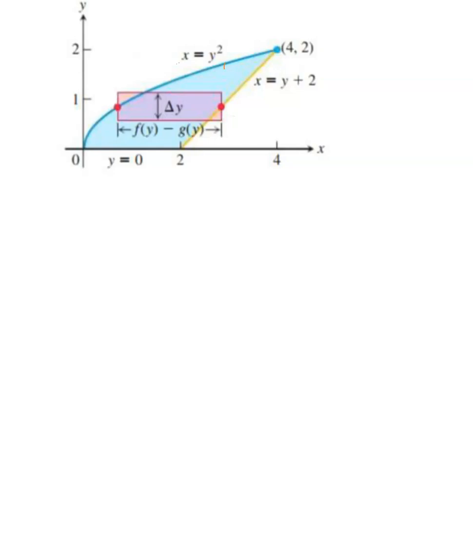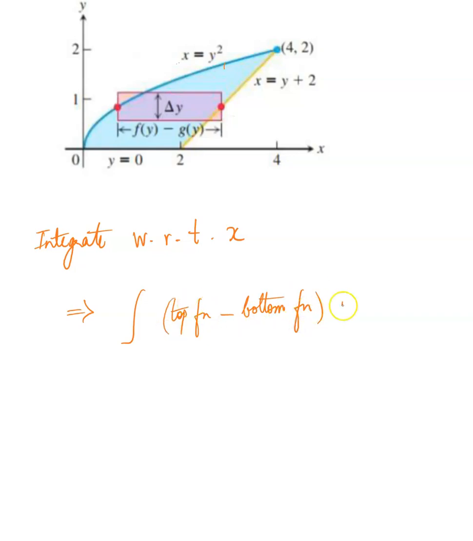So when we integrate with respect to x, what we did was, we got the limits and we did top function minus the bottom function. And it was dx because it was with respect to x.